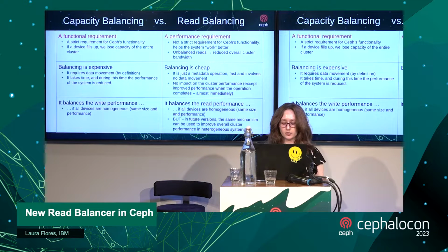However, in future versions, we can use this same mechanism to improve the overall cluster performance in heterogeneous systems, which is important since you may have a small OSD cluster of all the same size or a larger cluster that's heterogeneous. I'll go into this more later, but the read balancer will be great for balancing small OSD clusters, and it has great promise as we increase the complexity of the algorithm to accommodate heterogeneous systems.